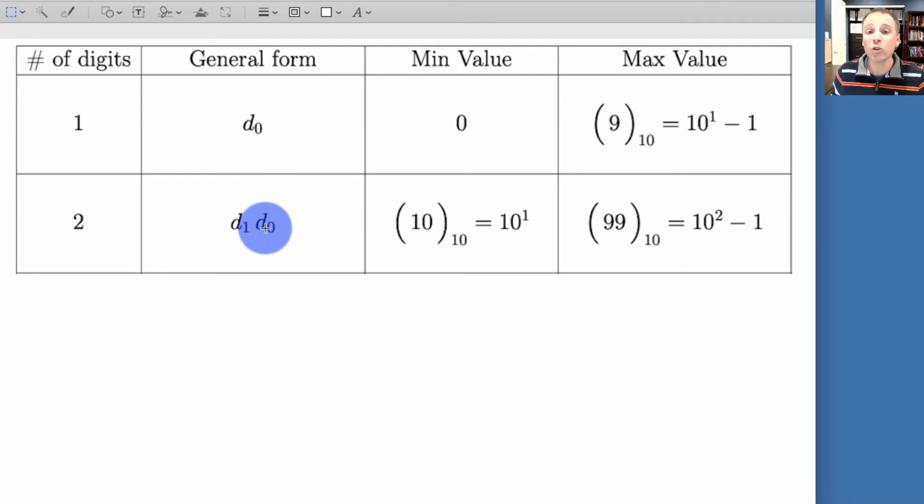The first non-trivial example where we need 2 digits is the number 10. That's the minimum value where we require 2 digits. And then the maximum value would be 99, because if we go one more, we need a third digit. Remember, 99 base 10 is the same thing as 10 squared minus 1.